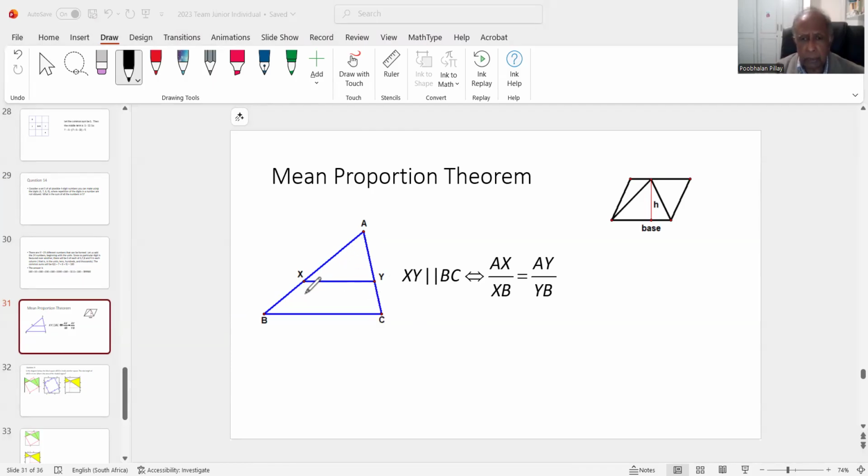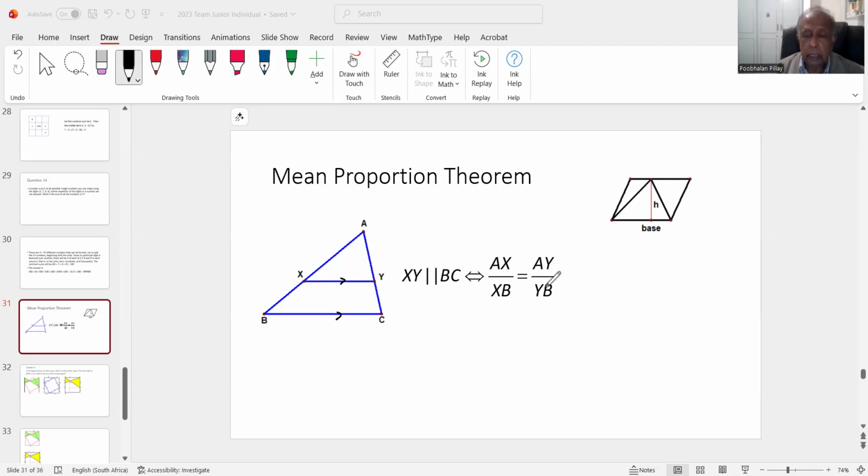a triangle. When you've got a triangle and a line which is parallel to a side, any line like this parallel, it divides these two sides in the same ratio. The ratio of AX to XB is the same as AY to YC. Of course, AX to XB is AX over XB, and AY over YC.